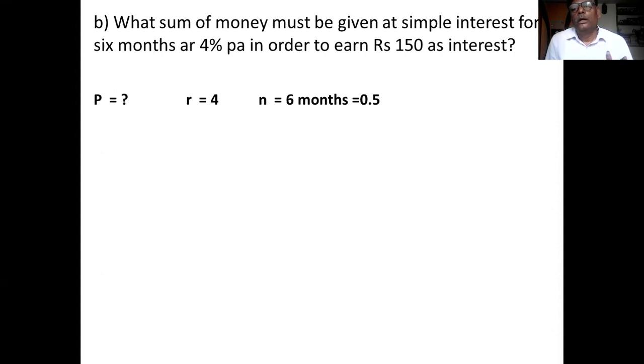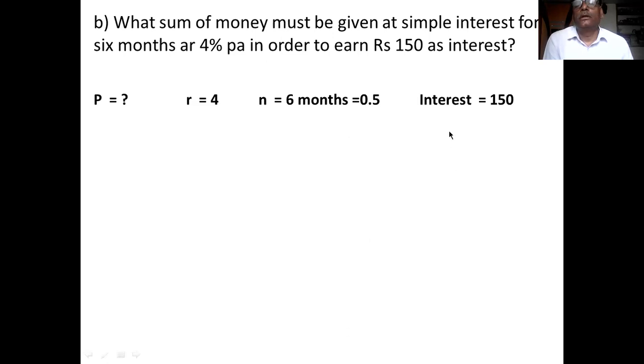Remember this: if the period is given in days, you divide by 365. If the period is in months, you convert the period into years. So 6 months is equal to 0.5 year, half year.